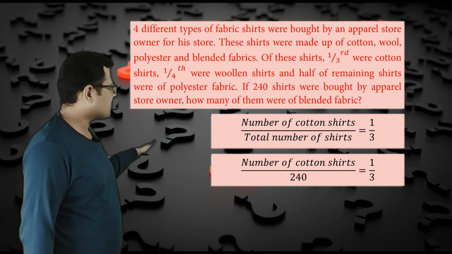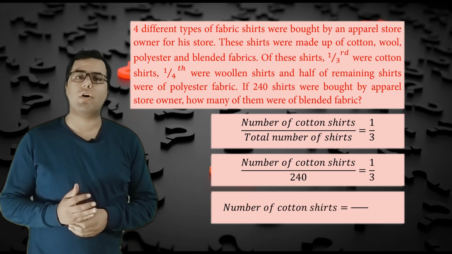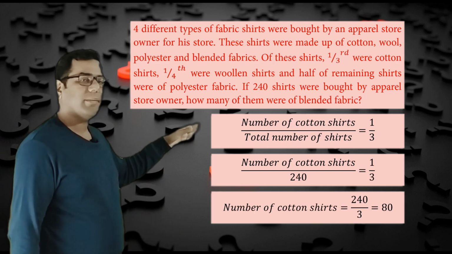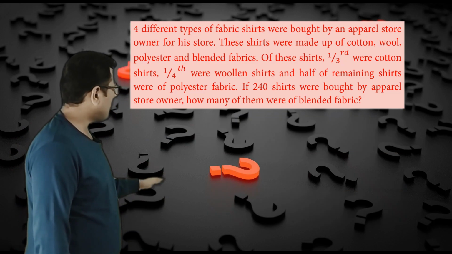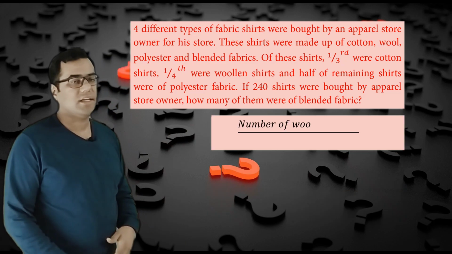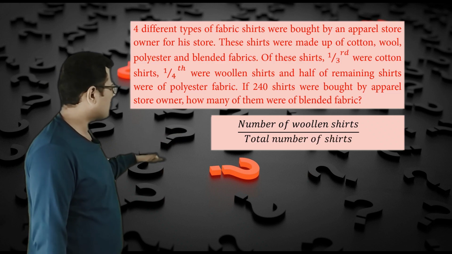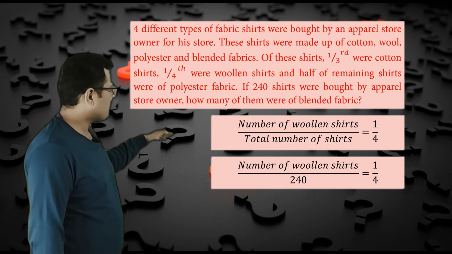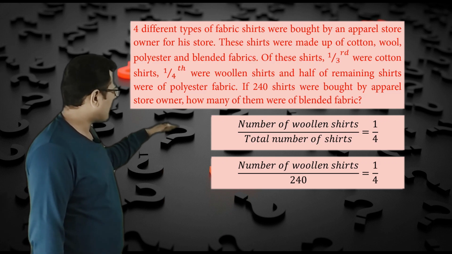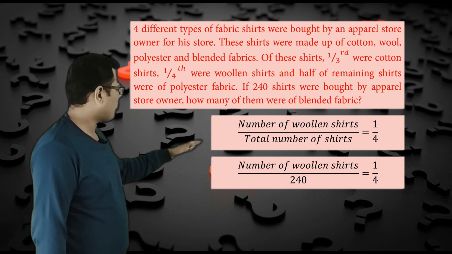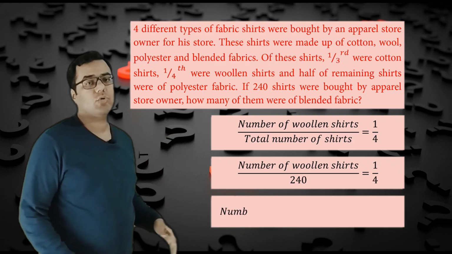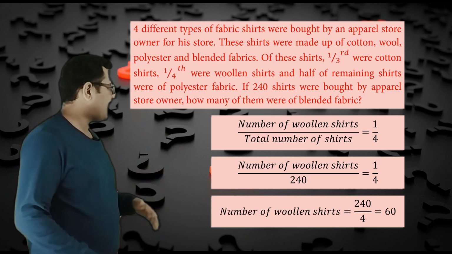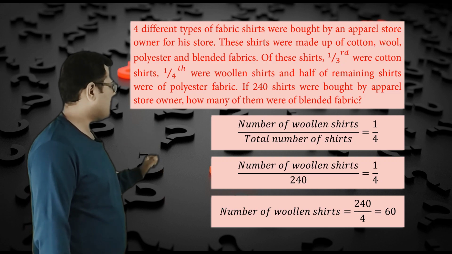Solving this, the total number of cotton shirts comes out to be 240/3 equals 80. Similarly, I can get the number of woolen shirts. Number of woolen shirts divided by 240 equals 1/4, so the total number of woolen shirts equals 240/4, that is nothing but 60.